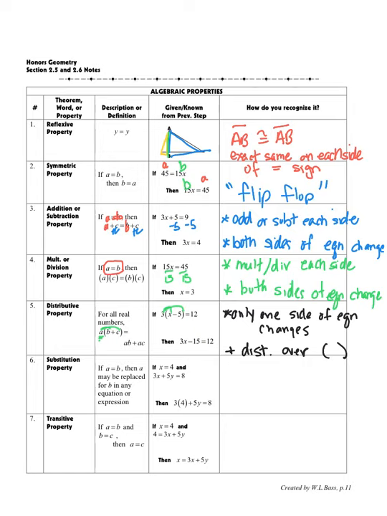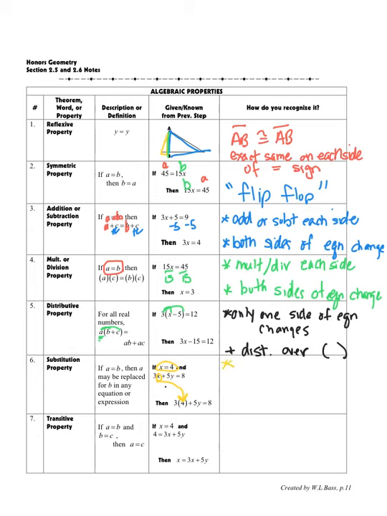Okay, our next one is our substitution property. If we start off with A equal to B, then A may be replaced for B in any equation or expression. So if we look at our example, if x is equal to 4 and 3x plus 5y equals 8, what we can do is if we look at that x is 4 and there's an x here, that means that we can put in 4 in place of x.